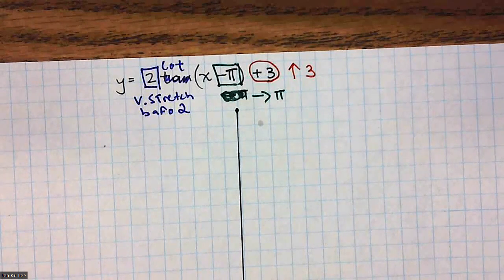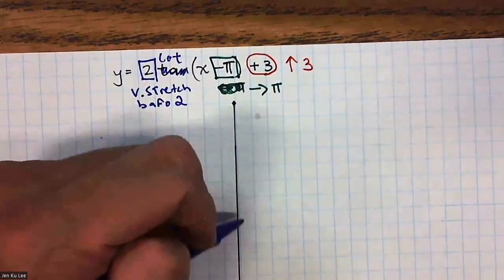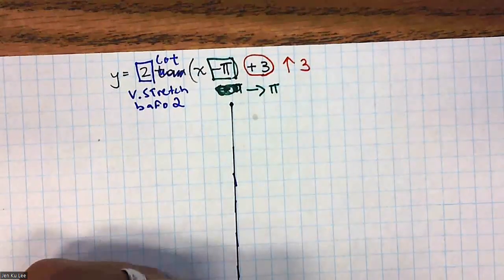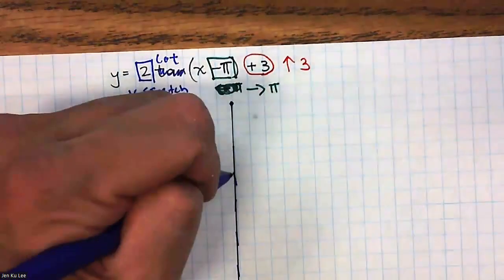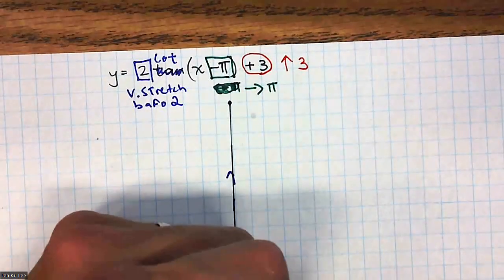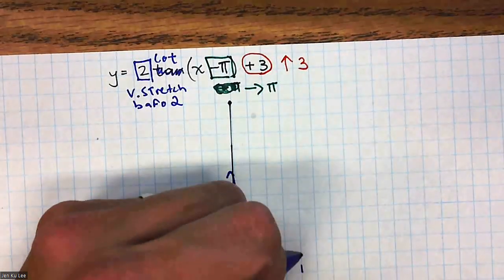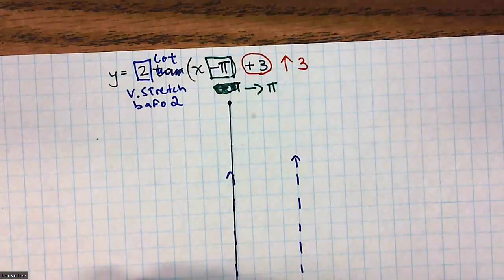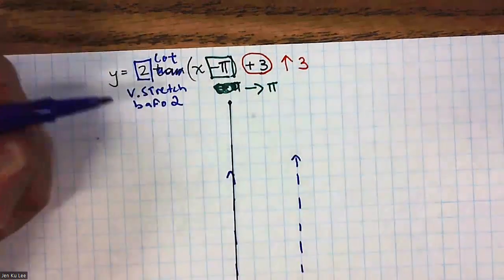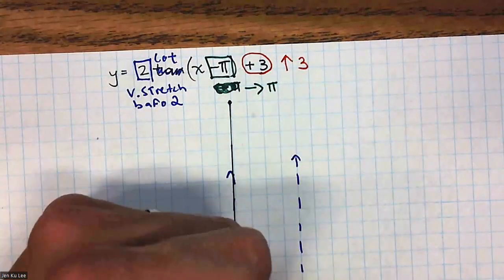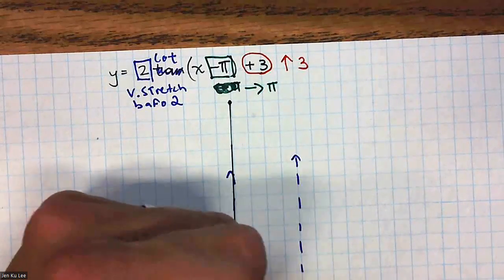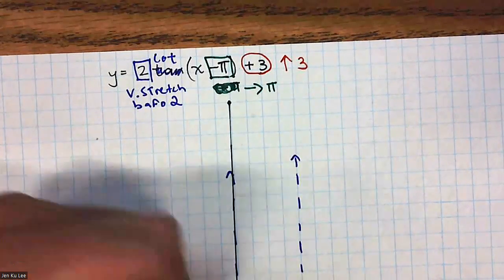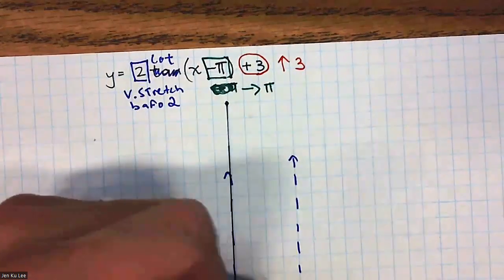So let's do that. It's cotangent, so my vertical asymptotes are at 0 and at pi. I know halfway between 0 and pi is pi over 2, and that's 0. That's going to be 1. That's going to be -1. I know halfway between is going to be 1.